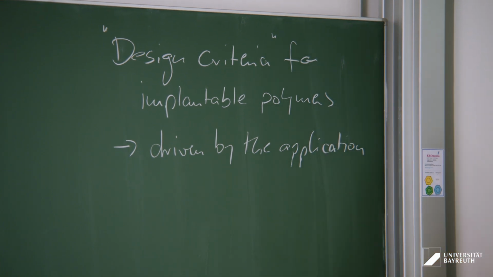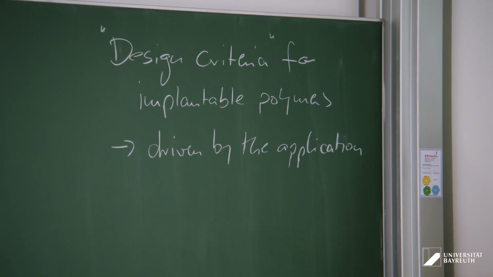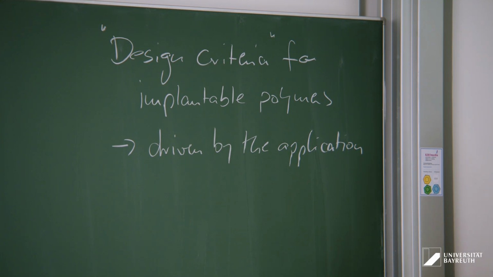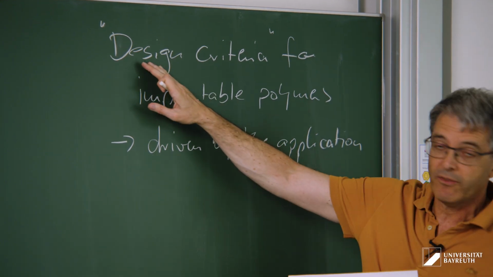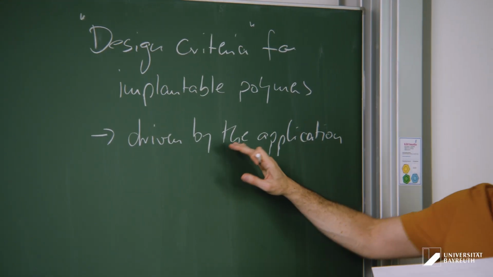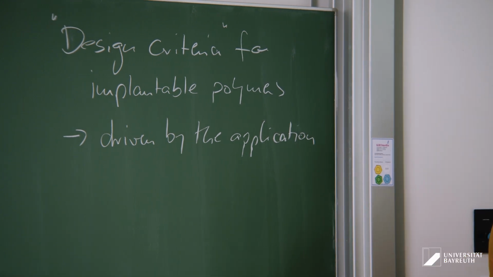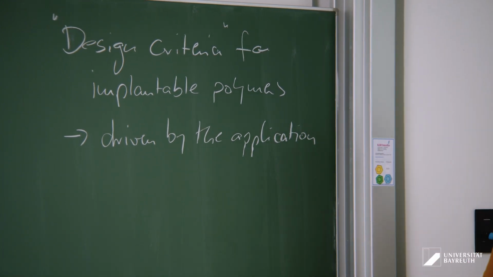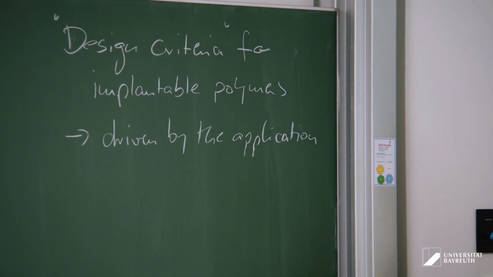So that's one point. But then we also have to think about the morphology. So the design criteria come not only through the chemical features, but also through the morphological features.